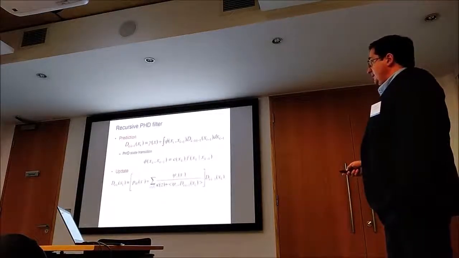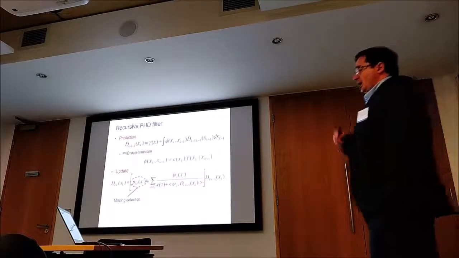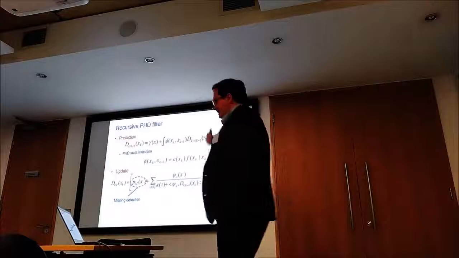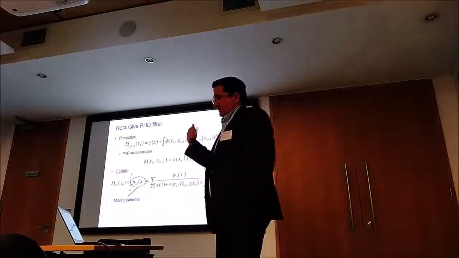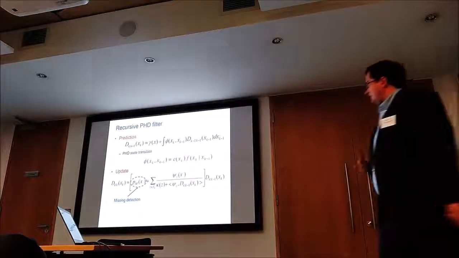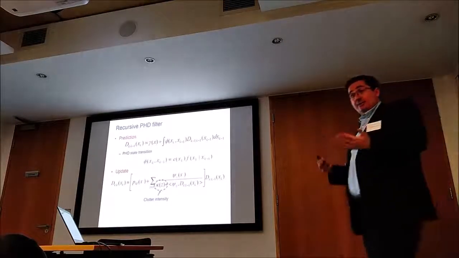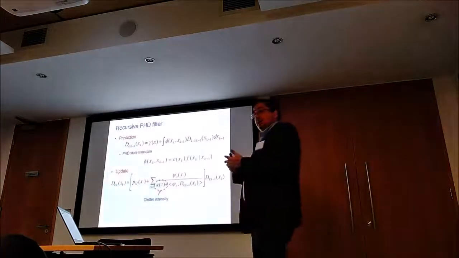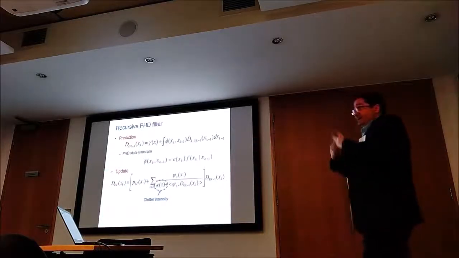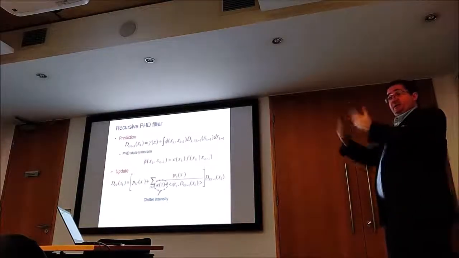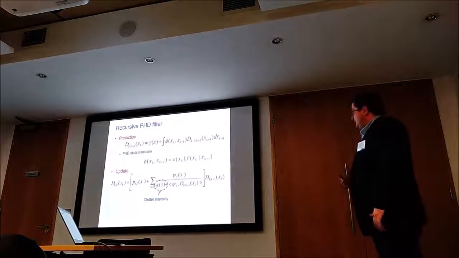The update, in this case we do have the last observation, is a function of how much you think that in a certain part of the state space you're likely to lose a target, the probability of missed detection. If you know how clutter looks like, you can add the distribution of the clutter, and that might depend on some classifiers you might have about your scene.